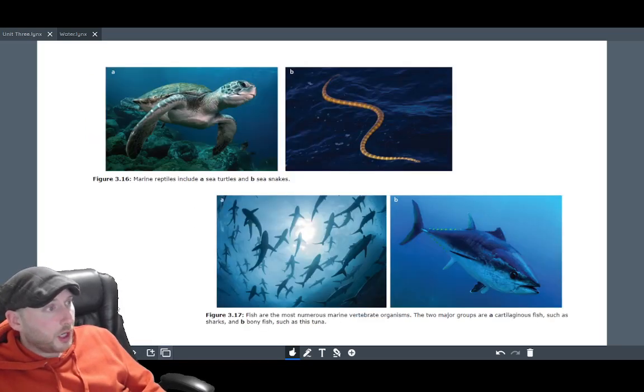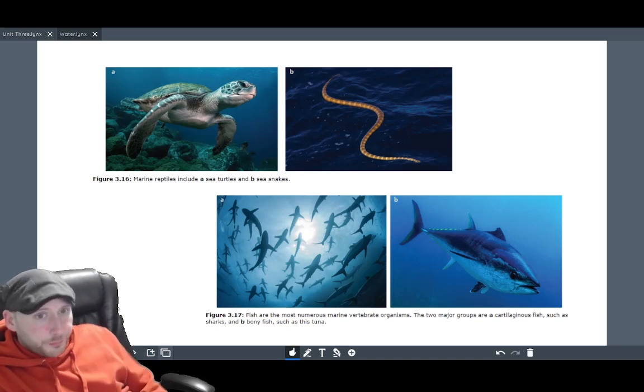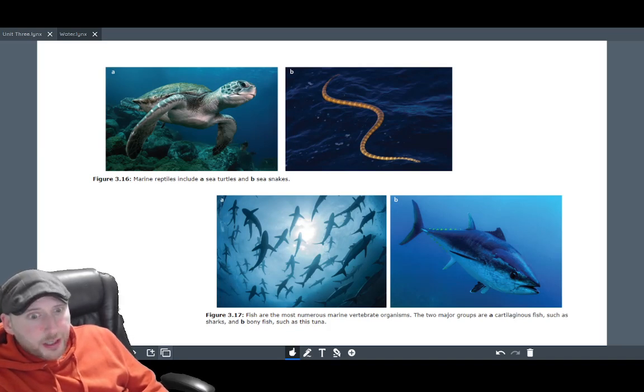We've then got our examples of reptiles, which look completely different from each other. Our first one here is a sea turtle, and the second one is a sea snake. I know which one of them I'd rather meet while swimming around, and it's not the sea snake, in case you were wondering. Now, our turtle here looks completely different from the snake, but they've got similarities, right?